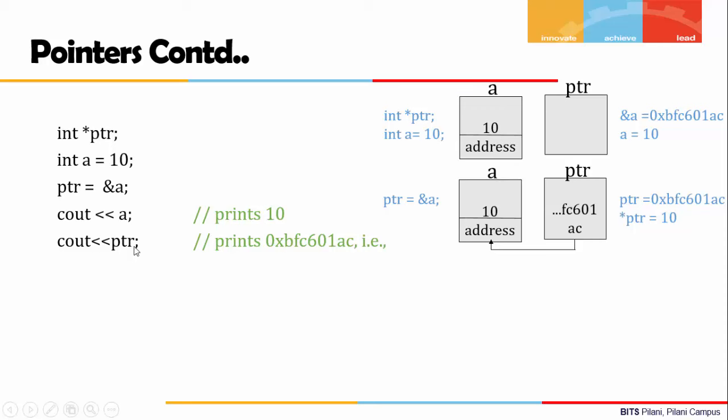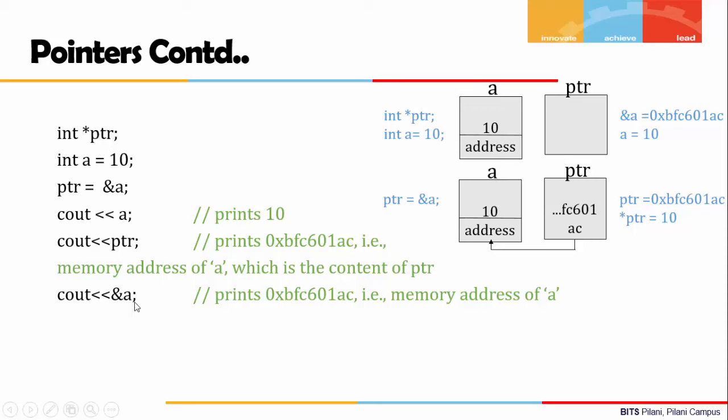Cout ptr means the content of ptr, which is the memory address of a. Then &a, the address of a, is the same as ptr. See, both the values are the same.